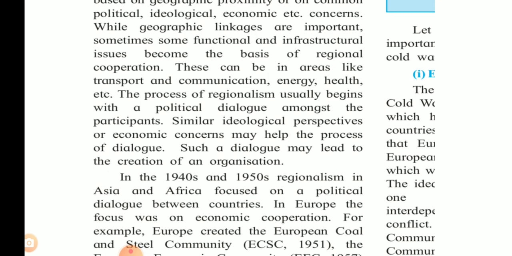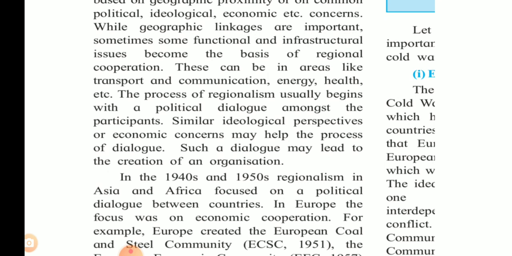Such a dialogue may lead to the creation of an organization.